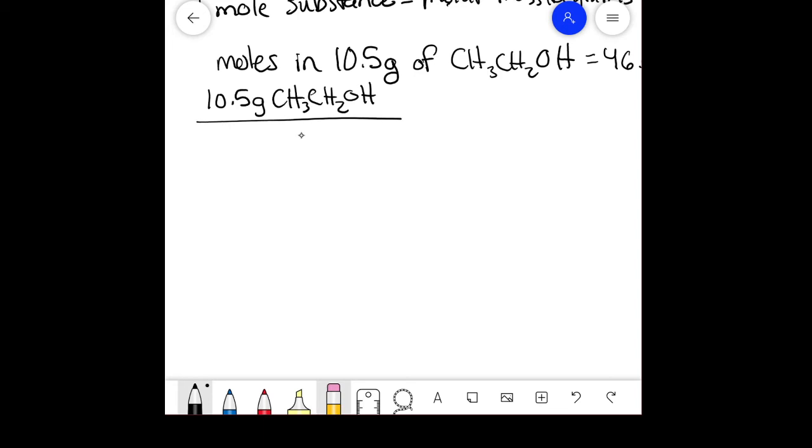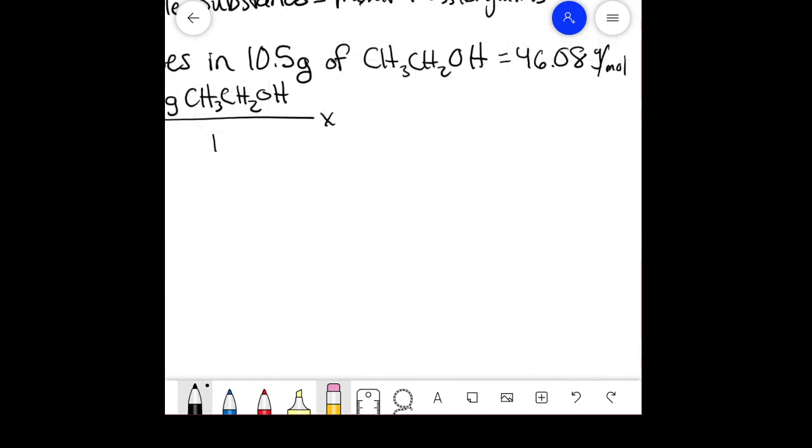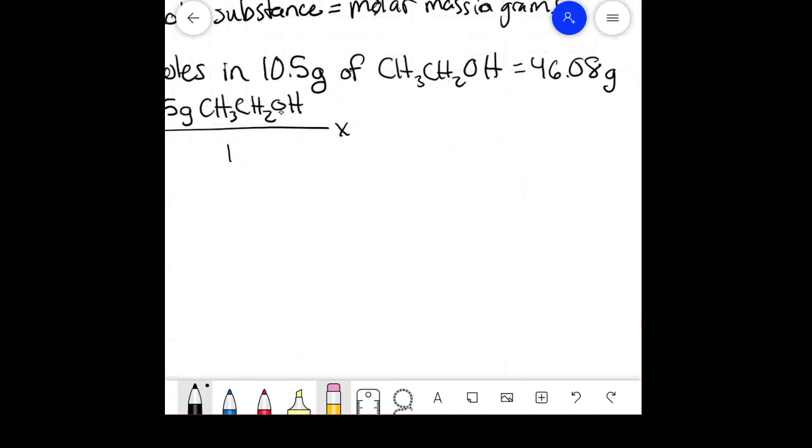You put it over 1, just like dimensional analysis. And then we want to get to moles. So remember, for dimensional analysis, you need to cancel your units out. We have grams of this substance on the top, so we want it on the bottom. So we put that formula mass on that bottom.